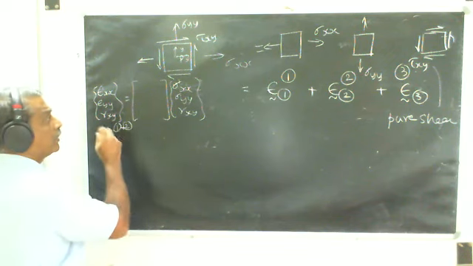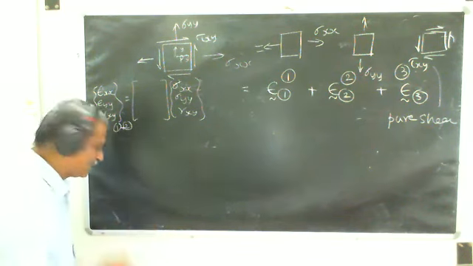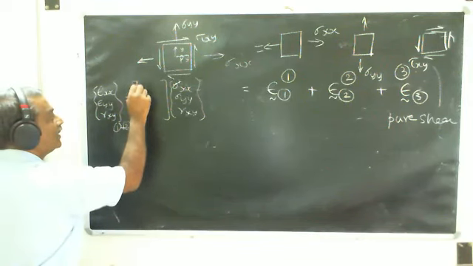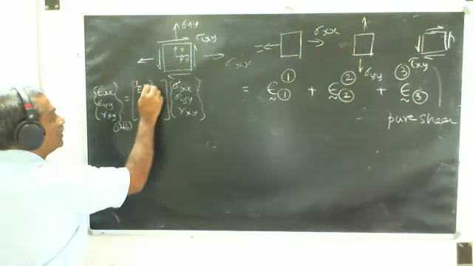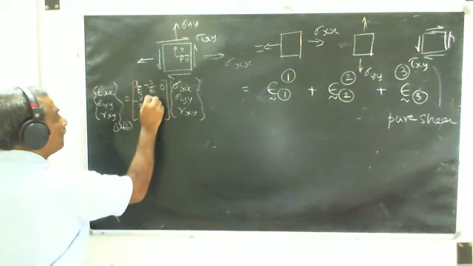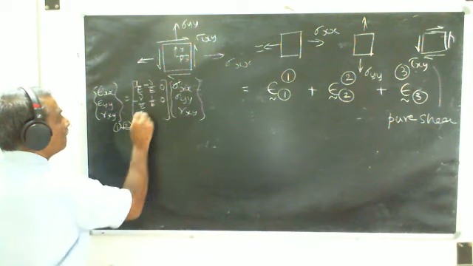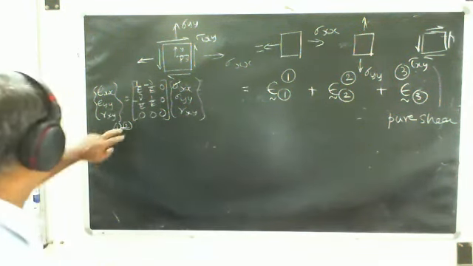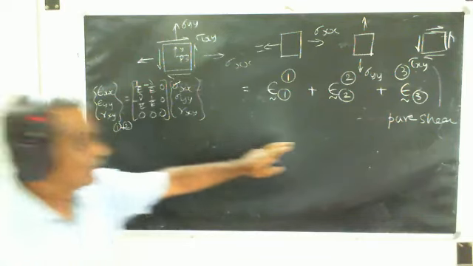Can you quickly help me out? This is 1 by E, minus mu by E, 0, minus mu by E, 1 by E, 0, 0, 0, 0. Fantastic. Very good. Thanks, Ayush. Okay, 1 and 2 I've done. 3 only is left.